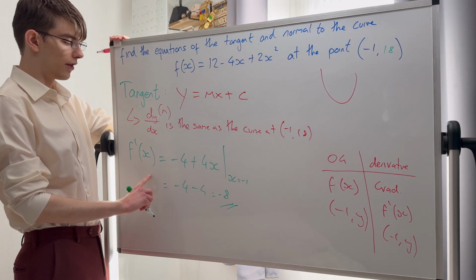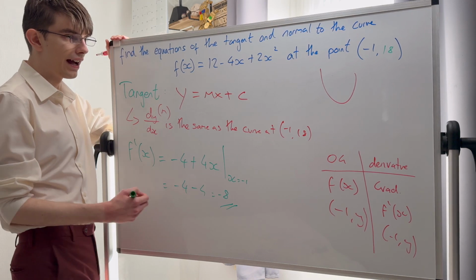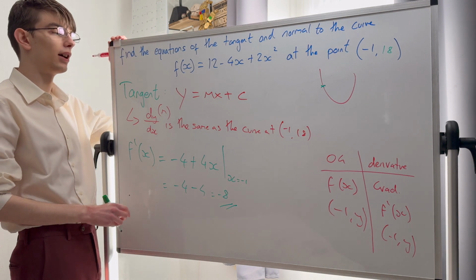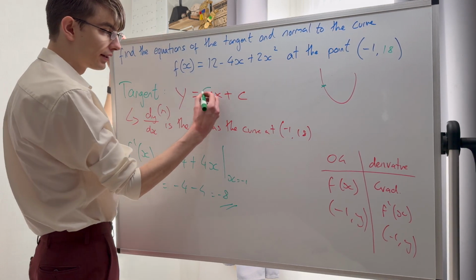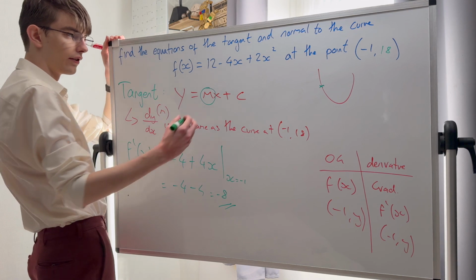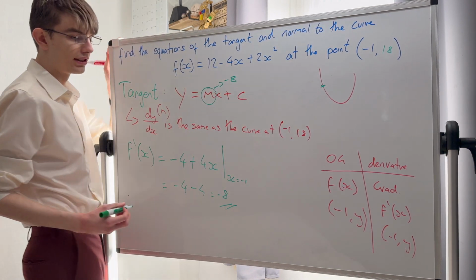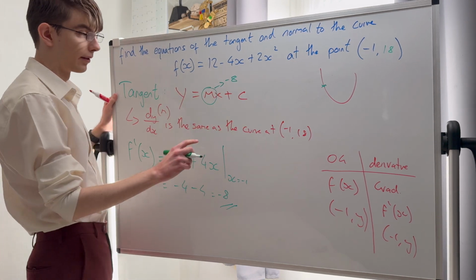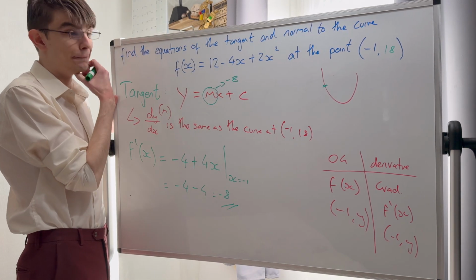So I get that my gradient at wherever minus 1 is, might be somewhere there on my curve, is minus 8. Which means the gradient of my tangent at this point is also going to be minus 8. So I'm onto something. Now I need to find my c.